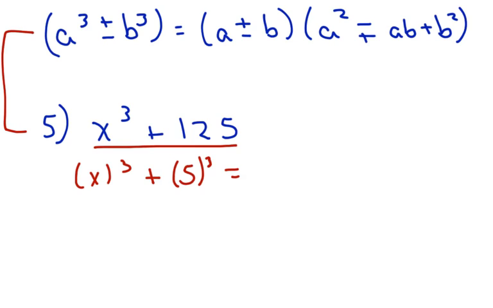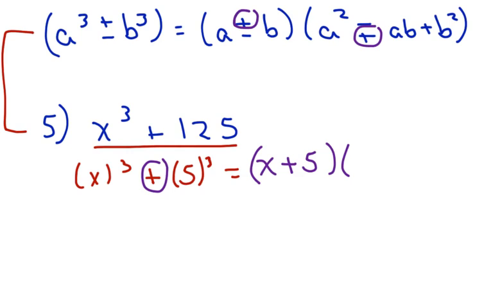Since we have plus here, we're going to use the plus from here. So in this case, my a is x, plus my b is 5, times my a is x, and we're going to square it. And now we're going to use the minus here. I probably should have done this a little different.